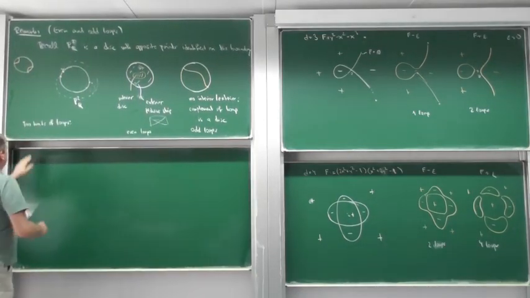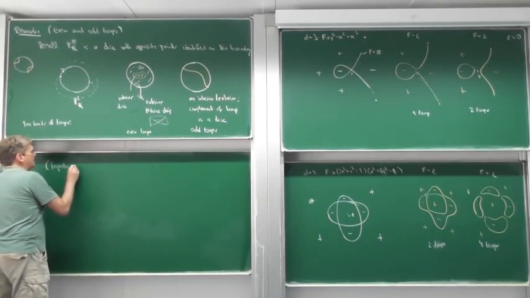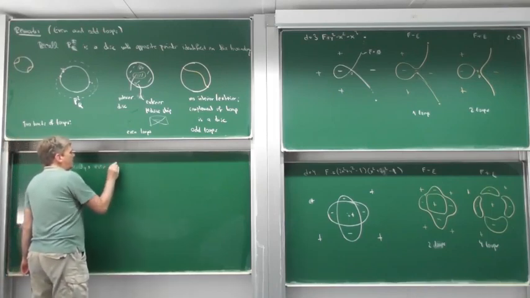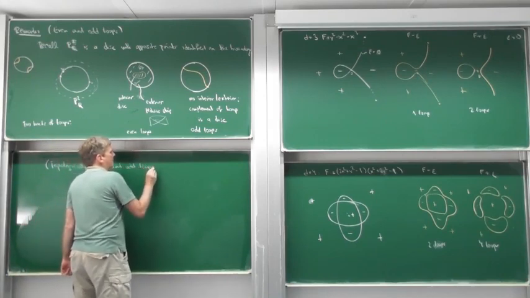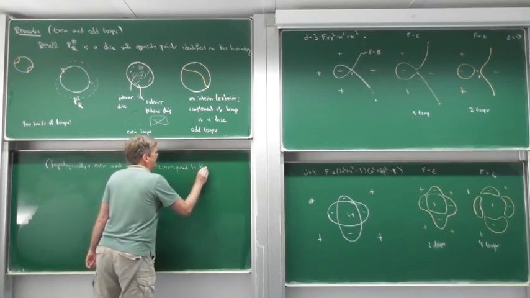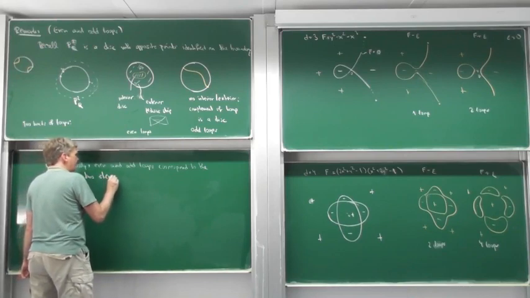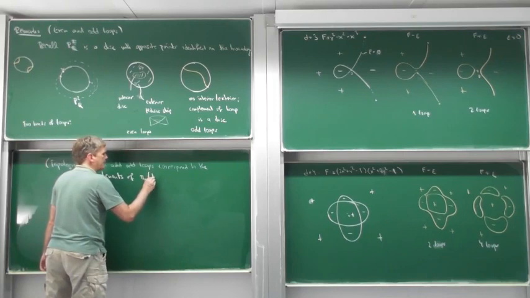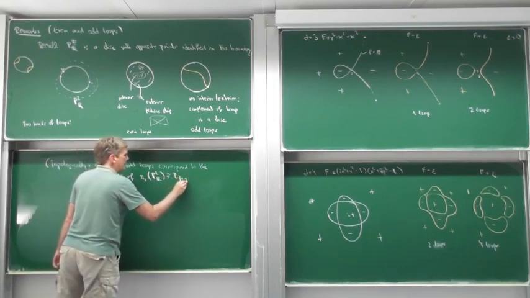Let me just write something down here, maybe in brackets in case you know. Topologically, even and odd loops correspond to the two elements of the fundamental group, pi1, that's the usual notation for that, of P2 over R, which is Z mod 2Z.